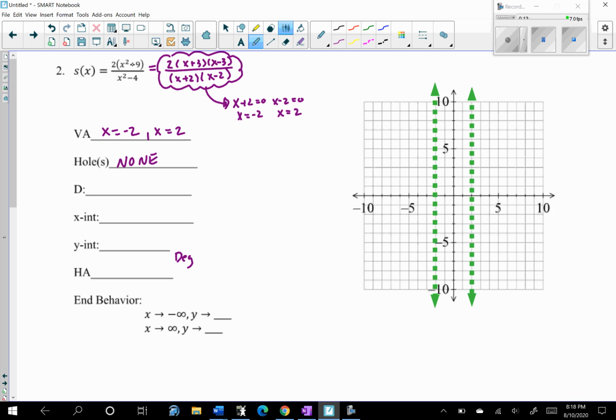So it would be 2x squared for the numerator, so that's degree 2. And my denominator has a degree of 2 as well. So that means the numerator degree and the denominator degree are the same. So it's the ratio of leading coefficients. So y is equal to 2x squared in my numerator over 1x squared, so y equals 2 would be my horizontal asymptote. So let's go ahead and graph that at 2.